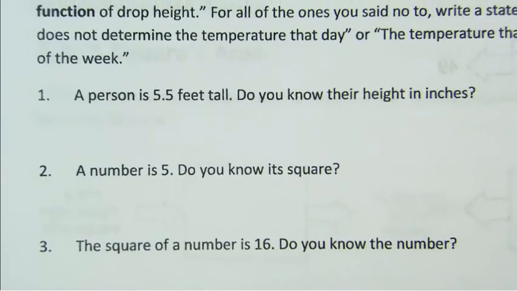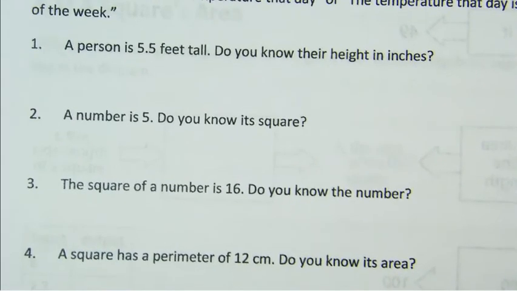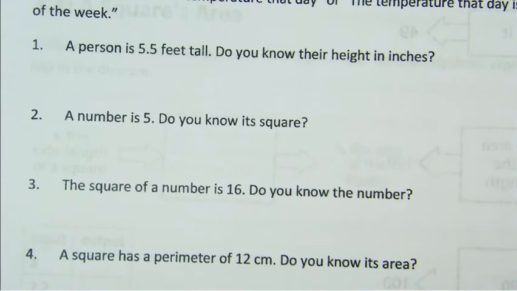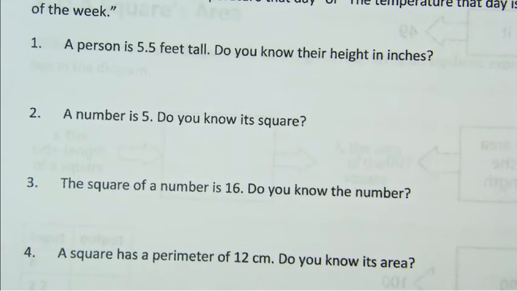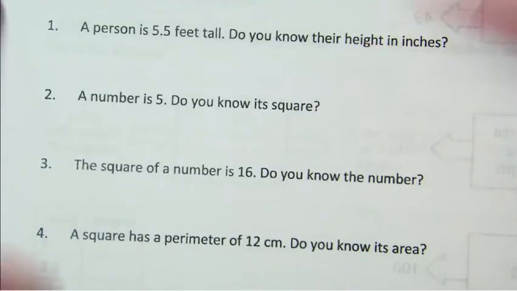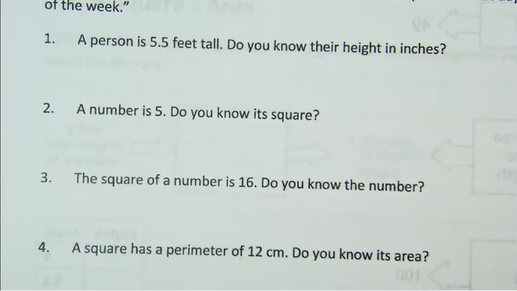Okay, the next part has the same exact scenarios that we just did, except there's something different we're going to do. We are going to start coming up with some vocabulary and using some of the mathematical words for functions. Okay, so all 4 of these functions that we worked with, we know they're functions because we could create a rule and the rule would work every single time.